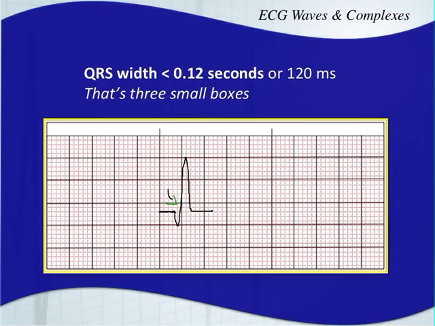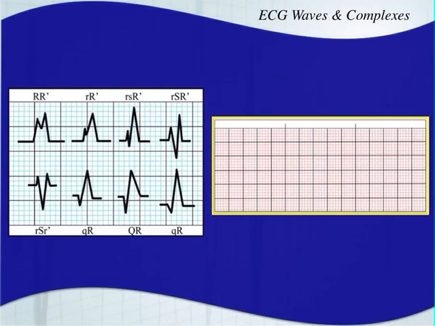Okay, so typically your QRS complex should be maybe 2, maybe 2.5 small boxes, but it should not be bigger than 3 small boxes. If it is bigger than 3 of those smaller boxes, it is considered wide. And there's numerous things that can cause that, and we'll talk about that later on when we get into the interpretation.